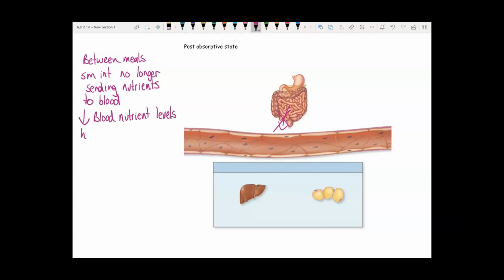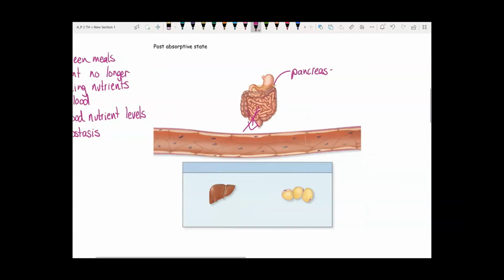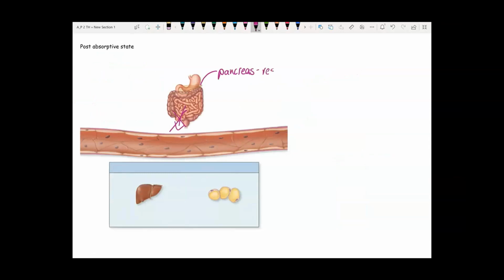So remember, homeostasis. You want to maintain those nutrient levels. So now your pancreas is again going to respond. The pancreas will respond to the drop in glucose, and it secretes glucagon. So now you're going to put glucagon in your blood.